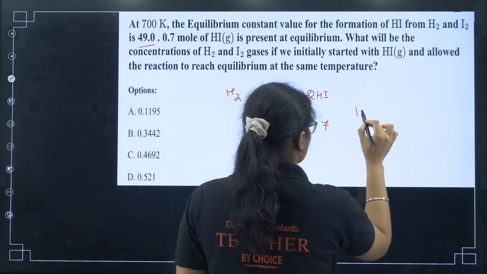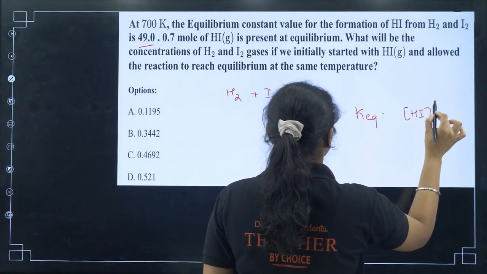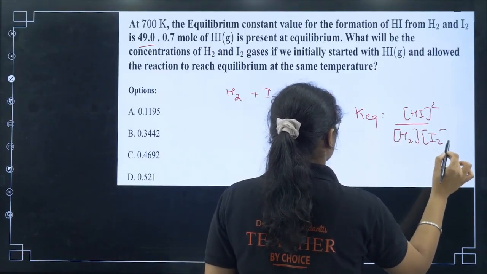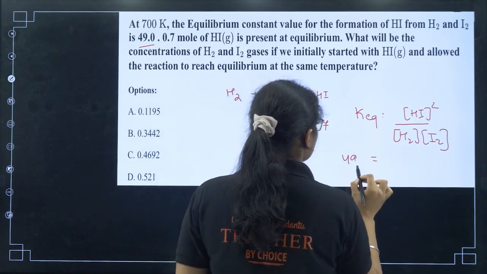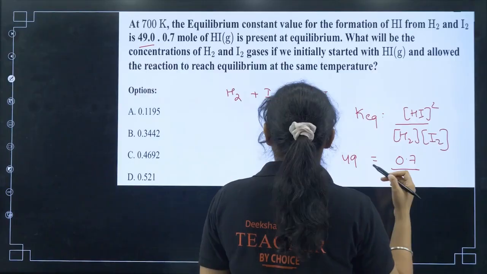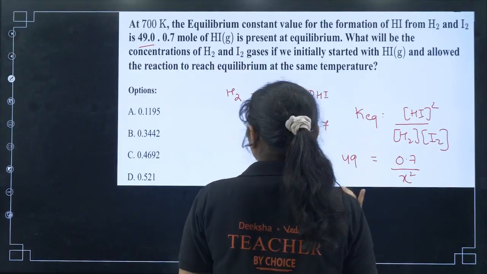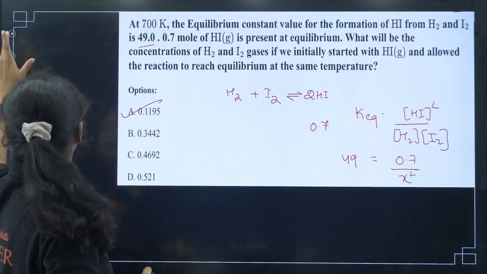K equilibrium is HI squared divided by H2 into I2. So K equilibrium is 49, equal to 0.7 squared divided by x squared. If I solve this, I'll get 0.1 something. So the most appropriate answer here will be option number A.